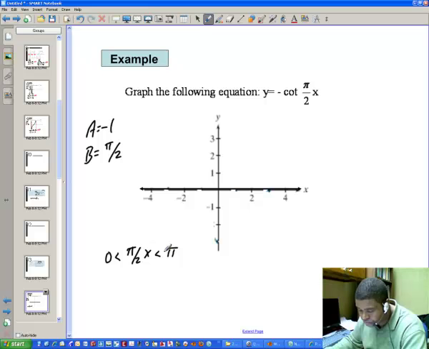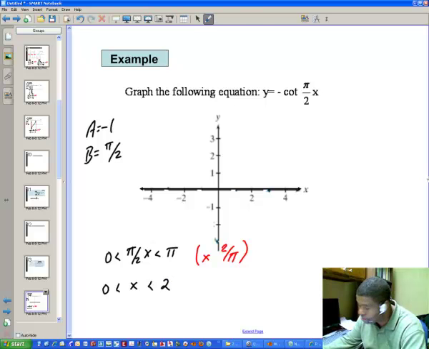That's the set interval, and what I'll do here is multiply each term by 2 over pi to eliminate the pi over 2 in the middle term. Of course, I have 0 here, x here, and then my pi's cancel, and I have 2. So that tells me I have a vertical asymptote now at 0 and 2.